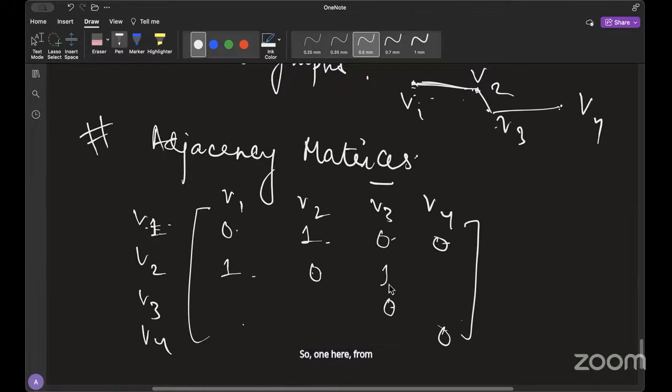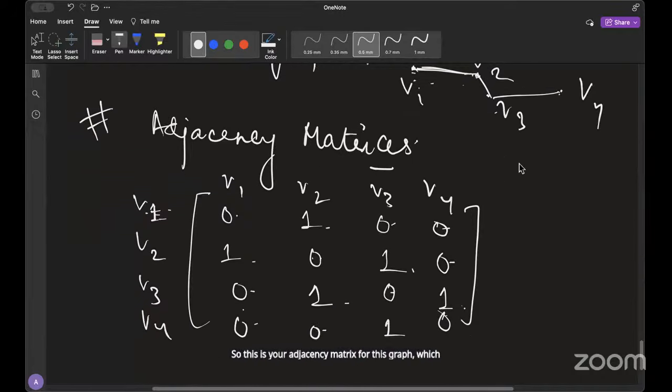From V2 to V3, 1 here. No edge from V2 to V4, 0. For V3, 1 here, 1 here, and 0 here. And for V4, 1 here and 0 everywhere else. So this is your adjacency matrix for this graph, which is an undirected graph.